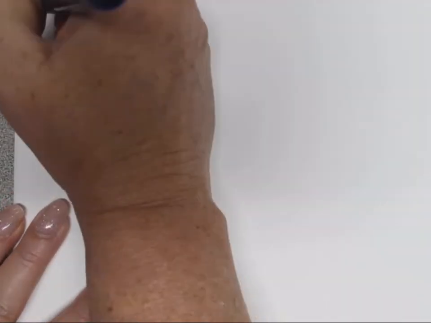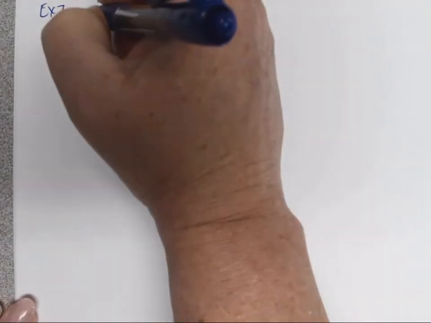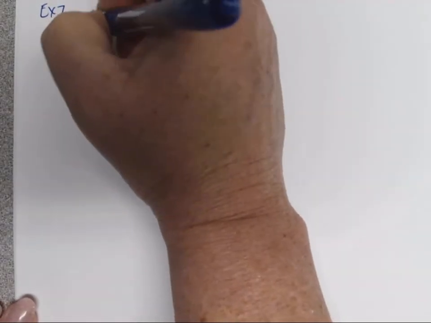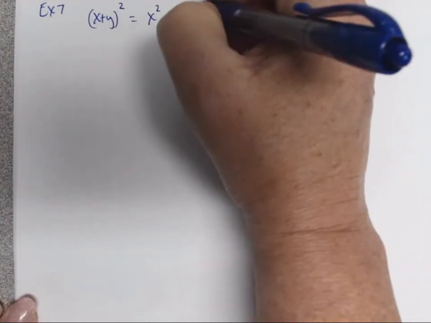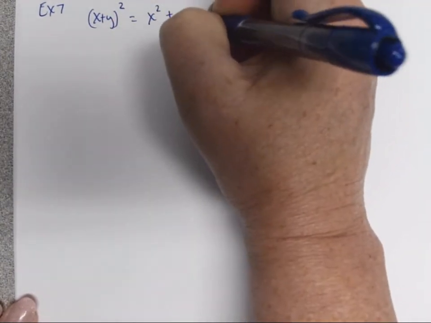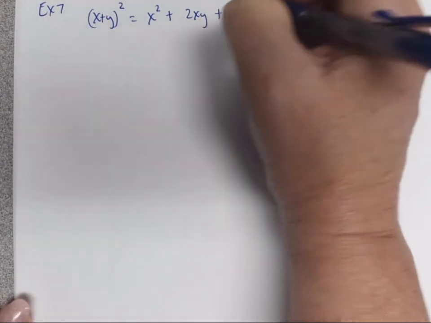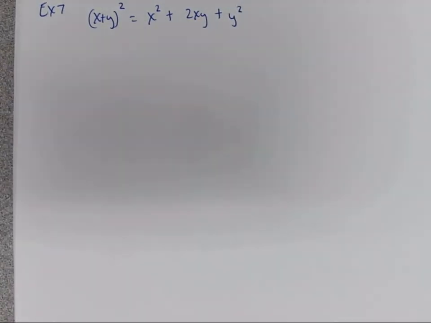So this will be example 7. So we have (x plus y) quantity squared is equal to x squared plus 2xy plus y squared. So what we need to do is find an example to illustrate that the statement is true.